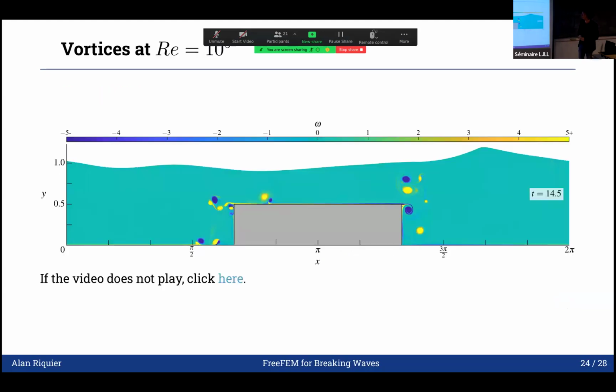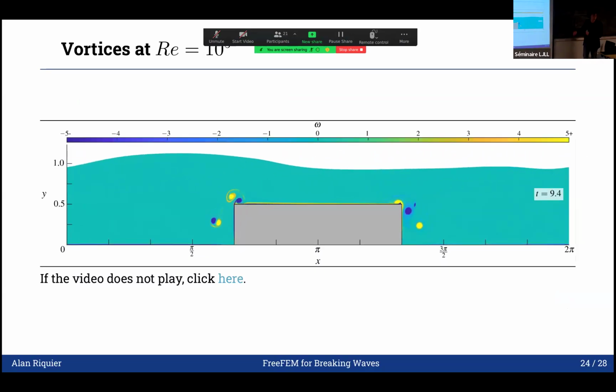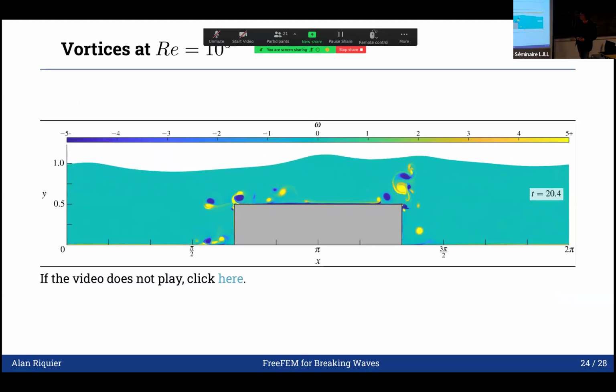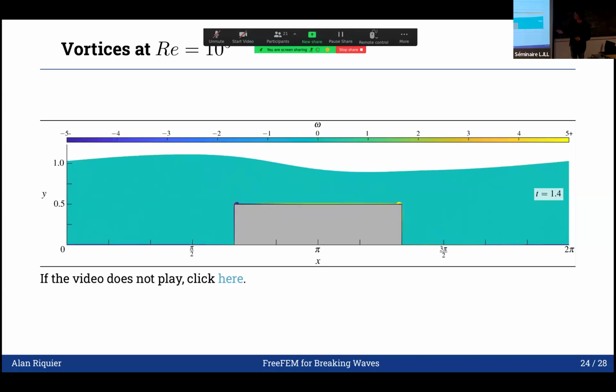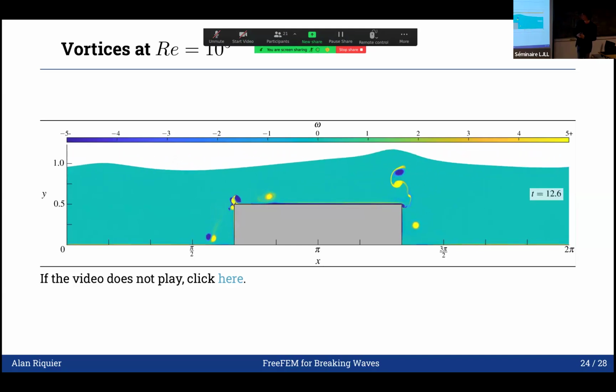This time, what we will see is that it's no longer stable. Now there is no breaking because I want many waves to pass above. And what I see when I show the vorticity is that vortices are emitted near the corners of the rectangle.